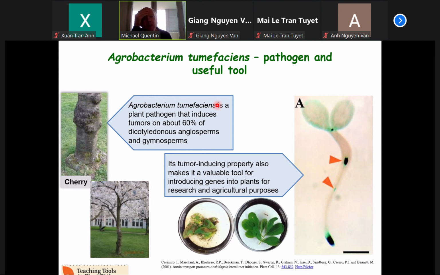Agrobacterium tumefaciens is able to induce tumors on a huge number of plant species. More than 60% of the dicotyledonous angiosperms and gymnosperms are infected by this bacteria. And we know now which properties of this bacteria allow it to create this tumor.